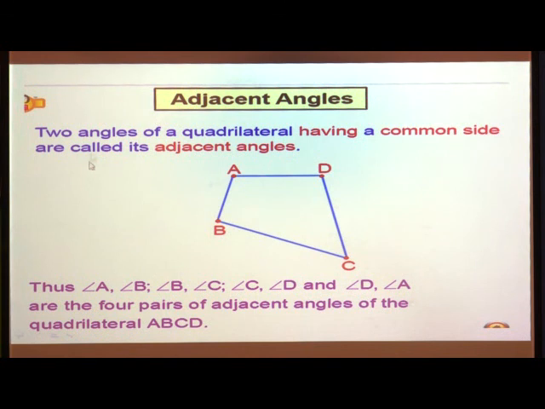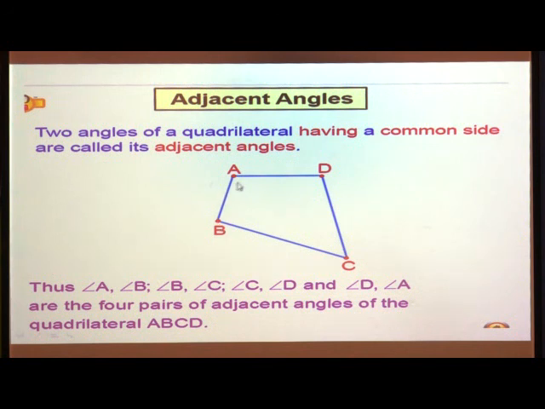Adjacent angles. 2 angles of a quadrilateral having a common side are called its adjacent angles. Now we have a quadrilateral which forms 4 different angles. Angle A and angle B have a common side, so they are adjacent angles.